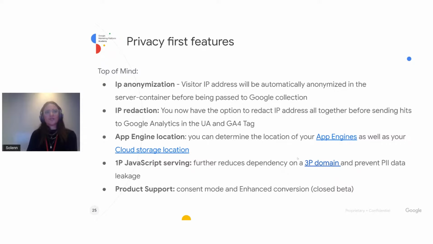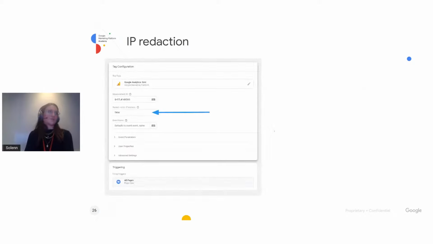You can actually, my example domain could load all the analytics JavaScript. So that's quite a big step forward again. And product support: I will go through consent mode and enhanced conversion. Again, it's in closed beta, but I will introduce you on how we went further into privacy on those points.